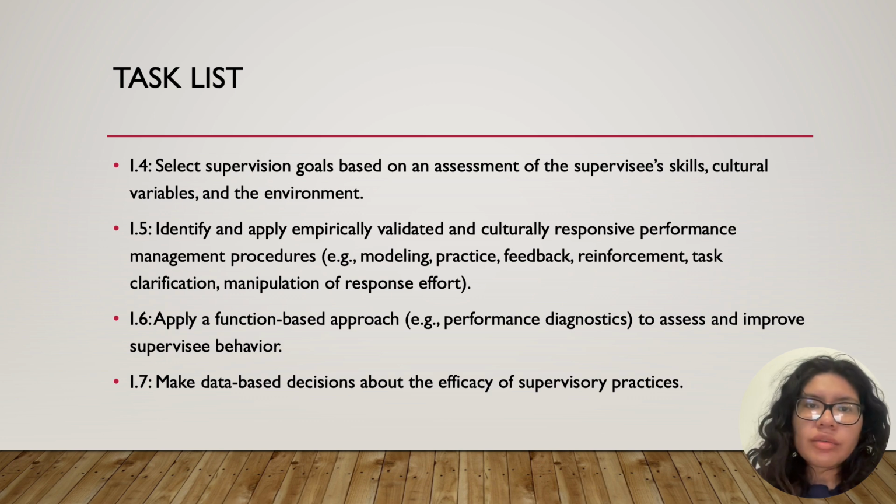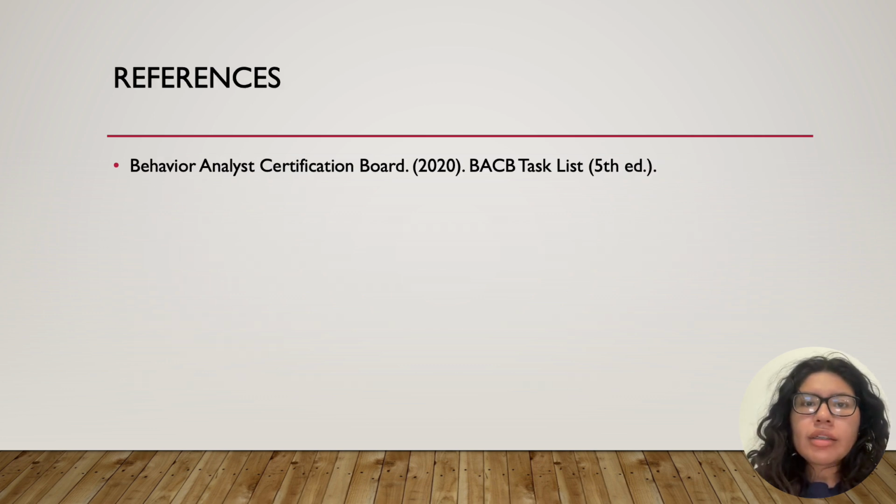We also used I6. We applied a function-based approach, performance diagnostics, to assess and improve supervisory behavior. And lastly, I7, we made sure data-based decisions about the efficacy of supervisory practices were used. And then lastly, we're just going to look here at our references.